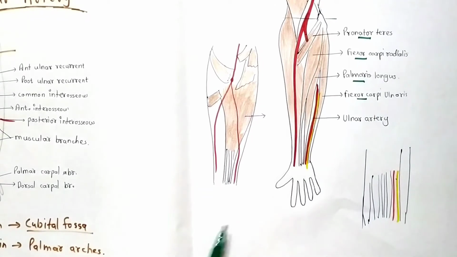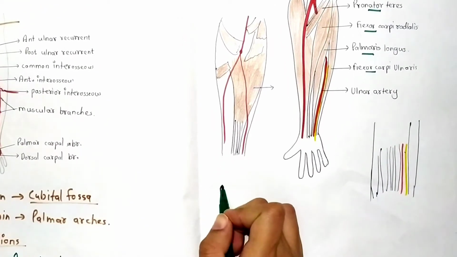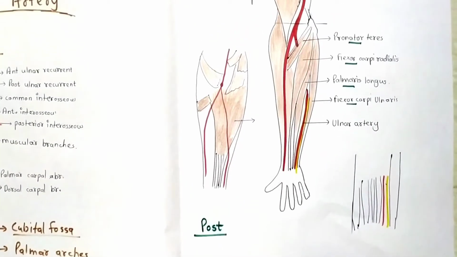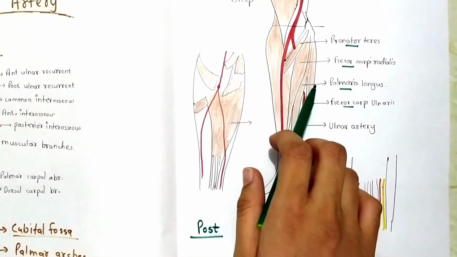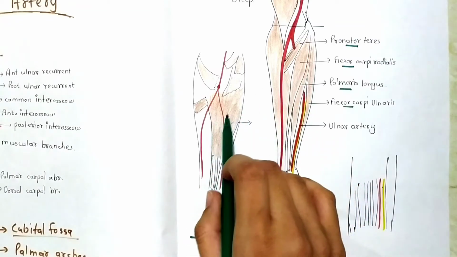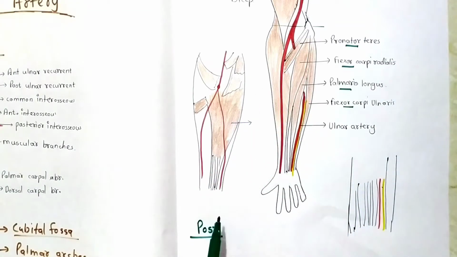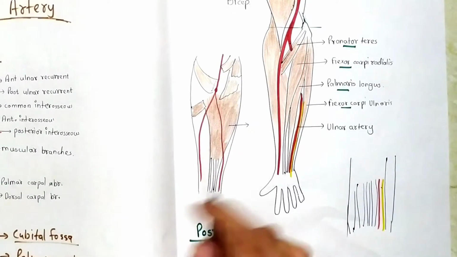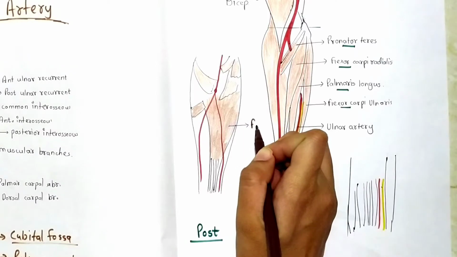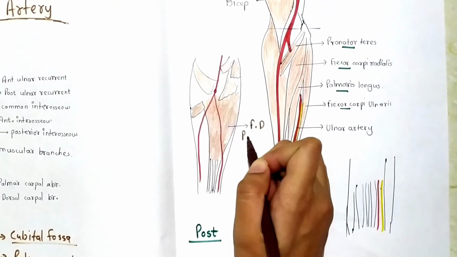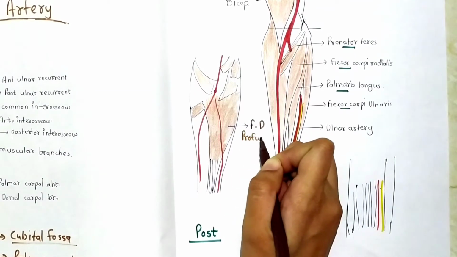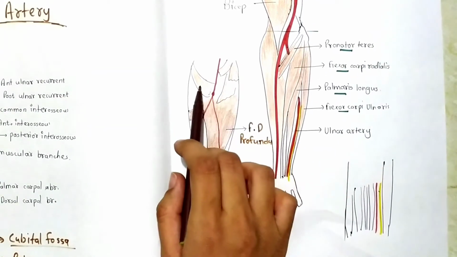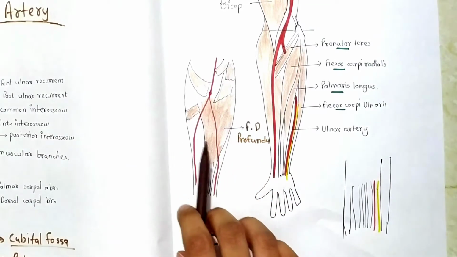Okay, now the posterior relation. As all the superficial flexor muscles are in the anterior relation, obviously the deep flexor muscle is in the posterior relation. So this artery lies on the flexor digitorum profundus muscle. In this diagram, all the superficial muscles are removed to clear the posterior relation.